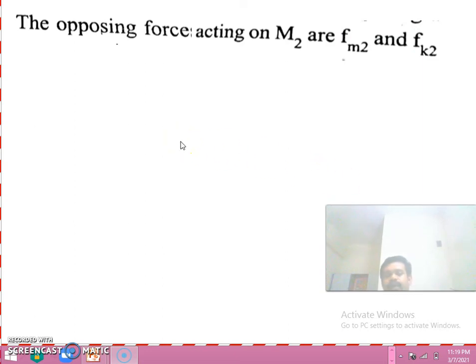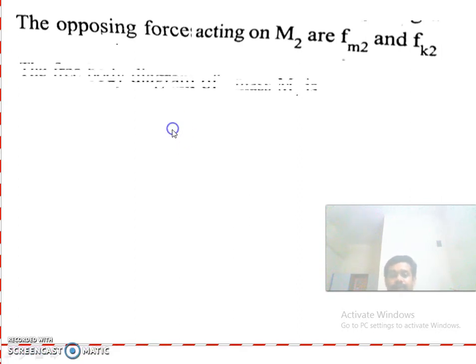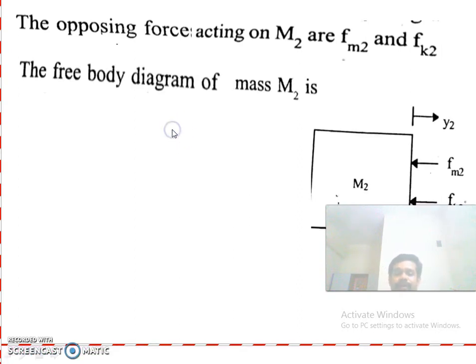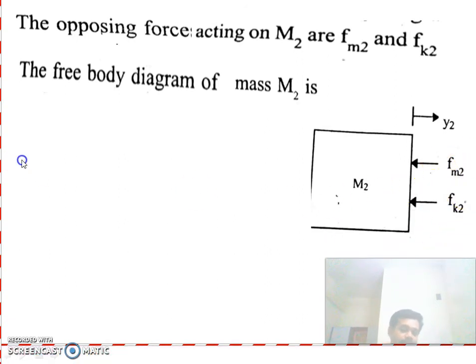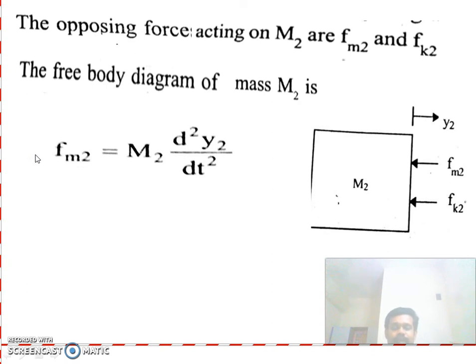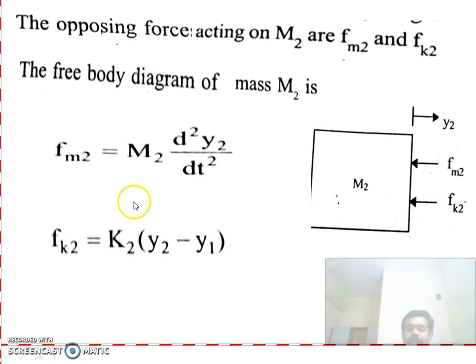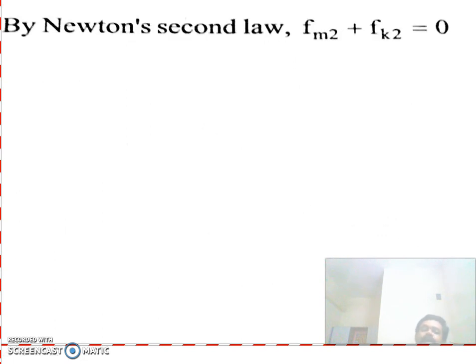Now we are going to find the opposing forces acting on M2. So we are going for the free body diagram, and the force due to Fm2 is M2 into d square y2 by dt square. Here the displacement is y2. Then due to this spring, Fk2 is equal to k2 into y2 minus y1. Now by Newton's second law, the opposing force is equal to the applied force.